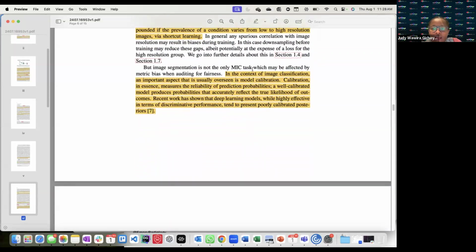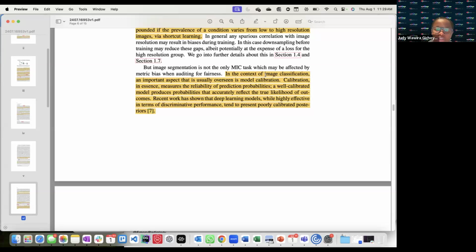And then in the context of image classification, I think what we miss is model calibration. I've been involved in several papers from the ICU looking at model calibration, right? So you need newer metrics that are also linked to the outcome. Calibration measures the reliability of the prediction probabilities.